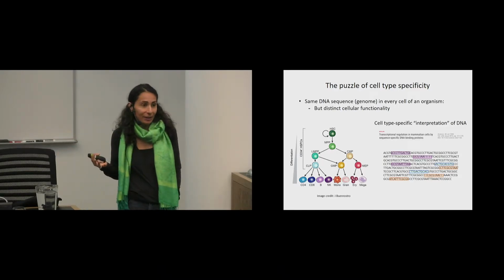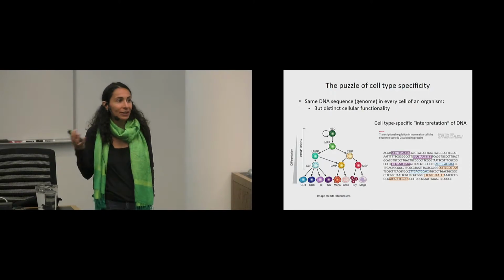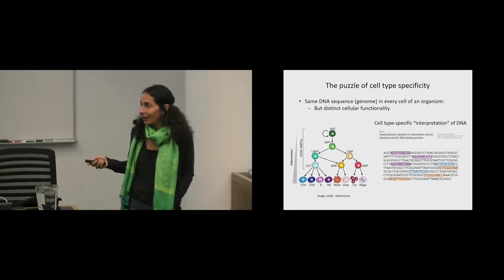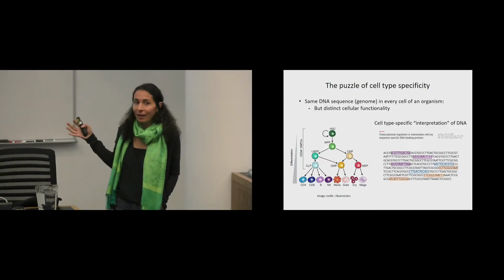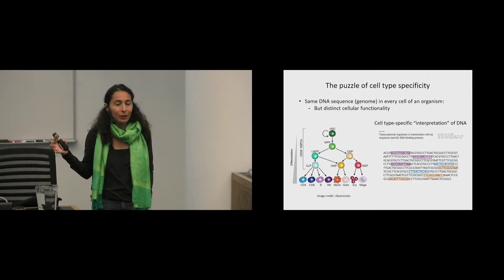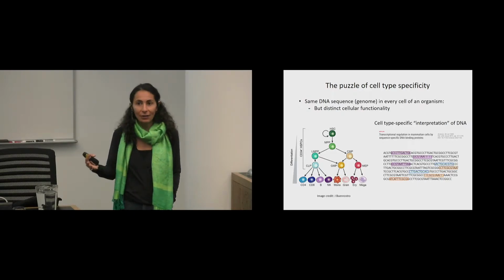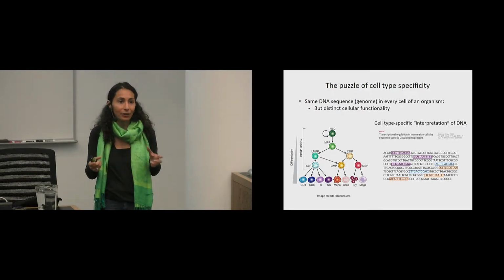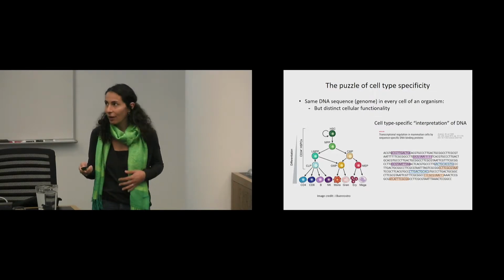A computational analogy is that all the cells have the same code base, but they're using different libraries and combinations of those libraries. So we know at a very high level how this works, but we don't have the details worked out for any specific cell type: what are the regions that are different, and what is embedded within these regions that allows the cell to do its function.